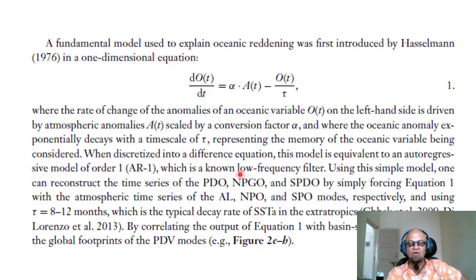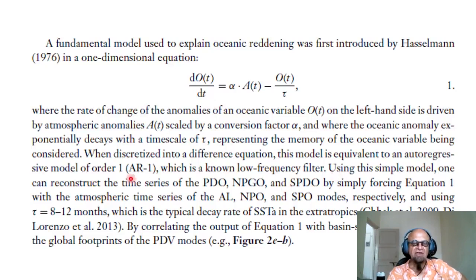When discretized into a difference equation, this model is equivalent to an autoregressive model of order 1, so AR1, which is a known low frequency filter. If you don't know what an autoregressive model is, you can look it up.